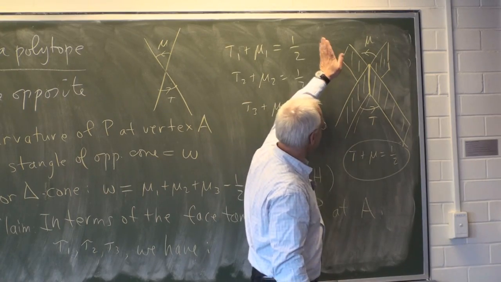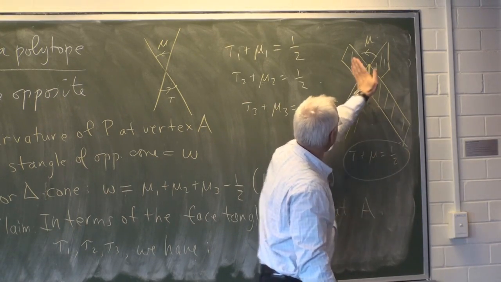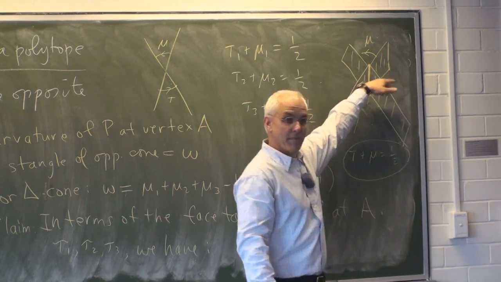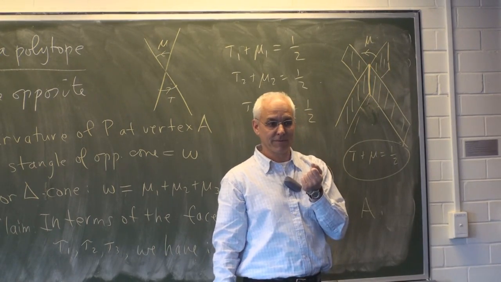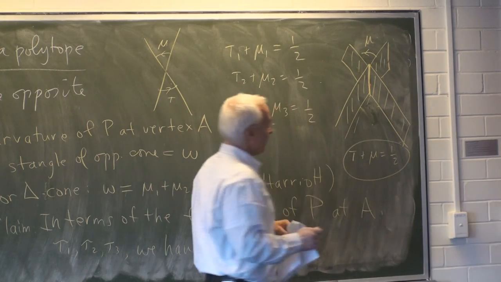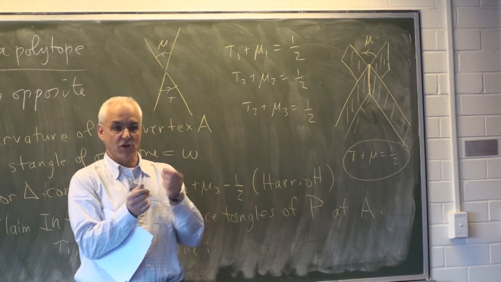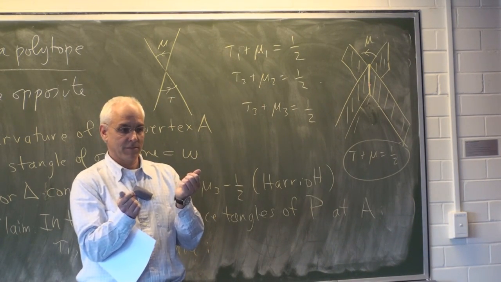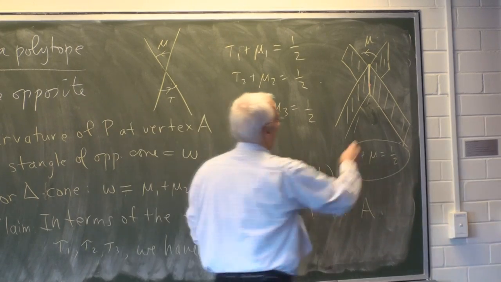Let's consider we have these two planes which are making a turn angle of mu. And at this point where they intersect, these two planes have normals.